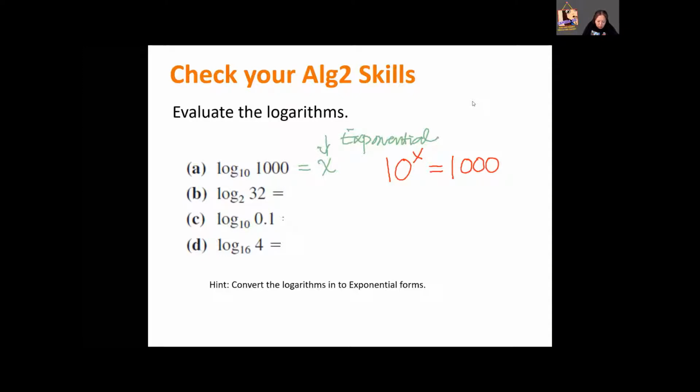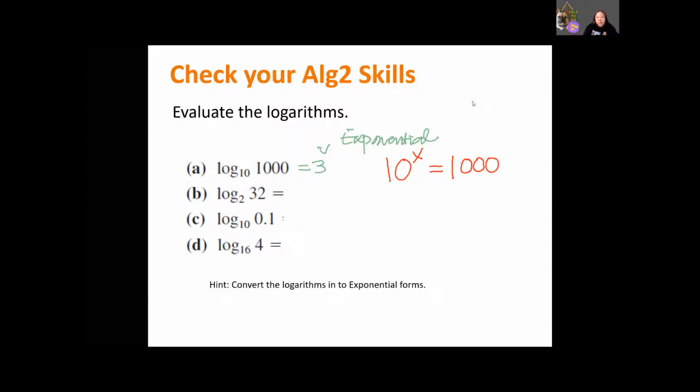Then what exponent raises 10 into 1,000? 3. 3, yes! I taught you last year, okay? Then what's x? X is 3, then you can write it. Three here. So we evaluated.